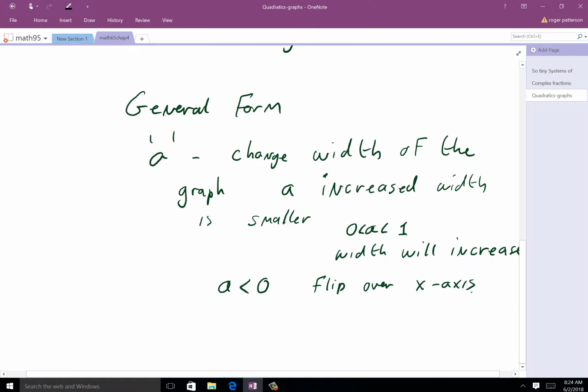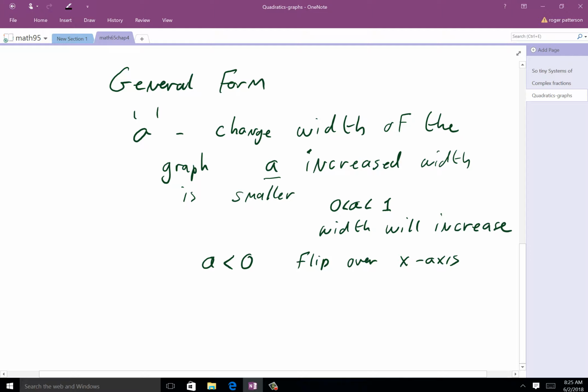So we have A changing the width of the graph. As A increased, the width is smaller. When A is between 0 and 1, our width is going to increase. And when A is less than 0, it's going to flip over the x-axis.